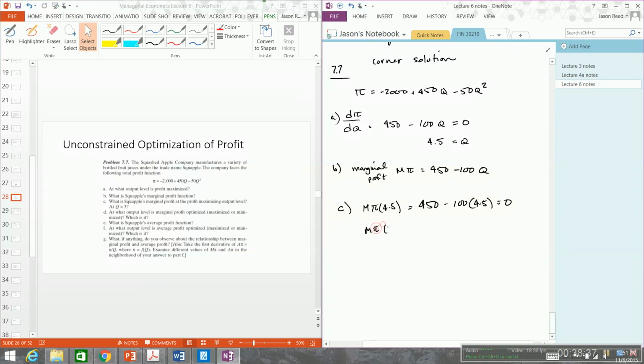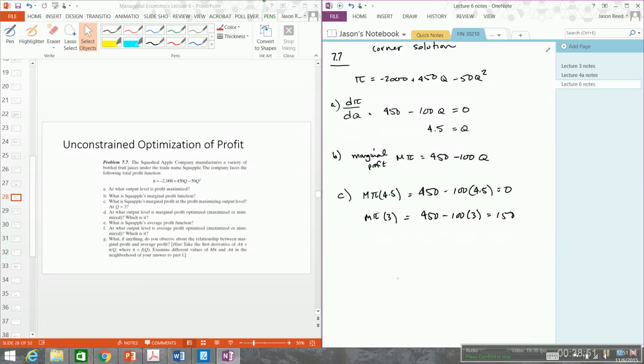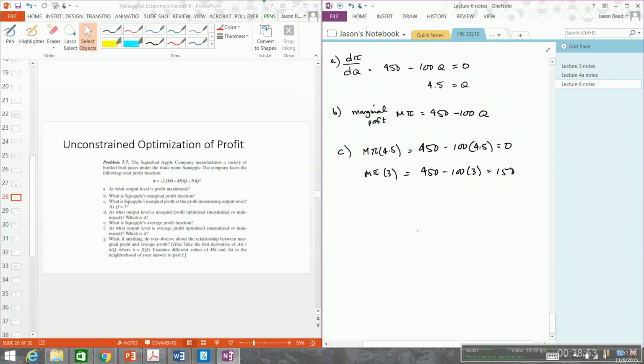And then if we go to 3, we see 450 minus 100 times 3, which is equal to 150. And so we see that if we were to produce the third unit, we would get an additional profit of $150. So at what output level is marginal profit optimized? So let's take the second derivative.